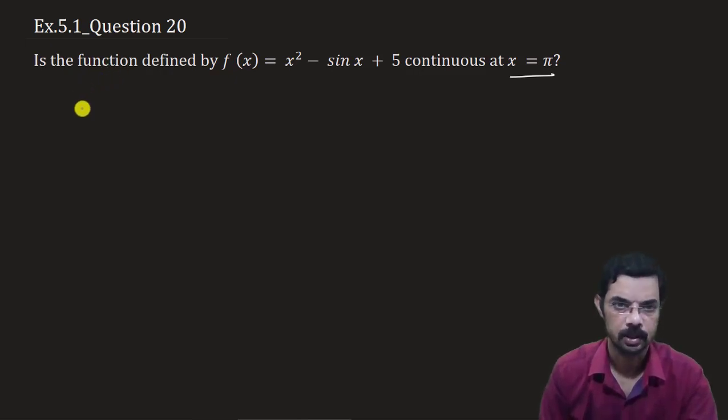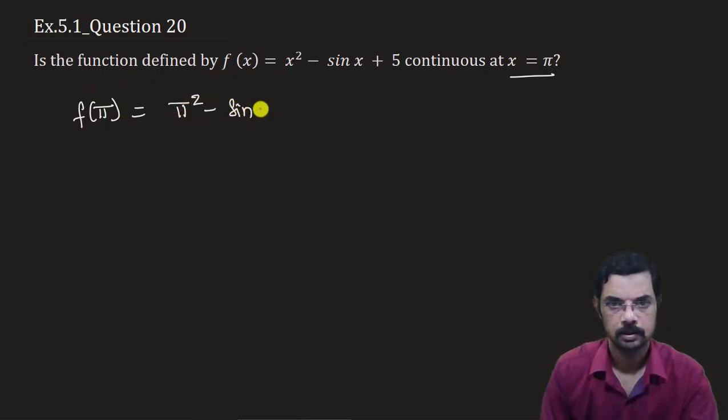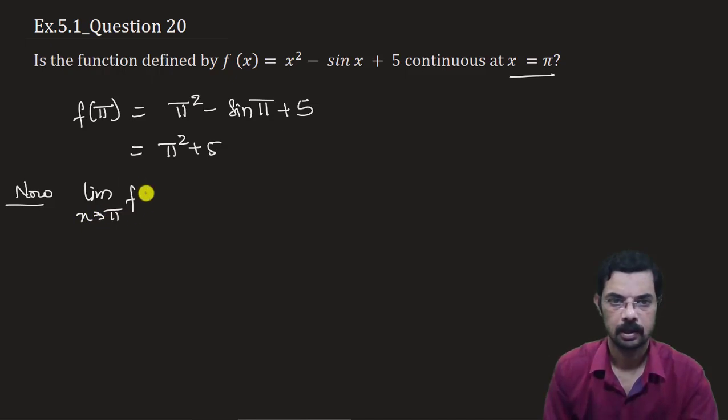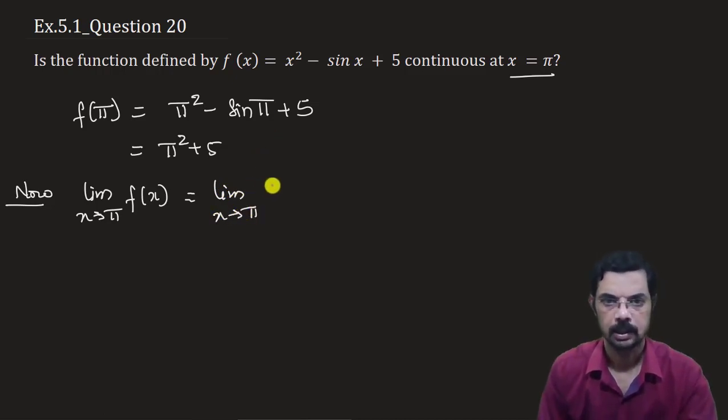But let us check. So, f of pi equal to pi square minus sin pi plus 5, which will be equal to pi square plus 5. Now for the limit x tends to pi, both from the left as well as the right, f of x is defined as x square minus sin of x plus 5.